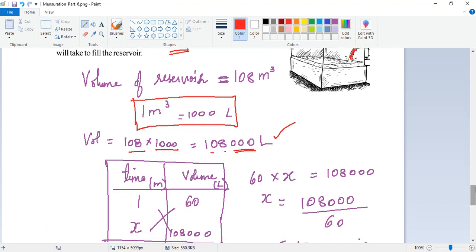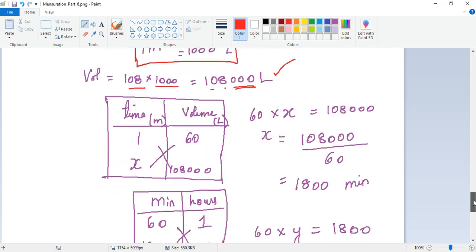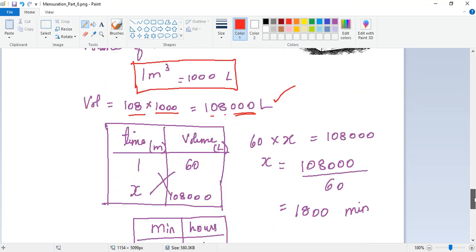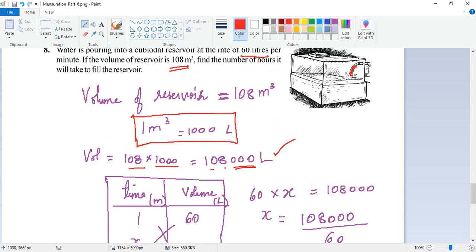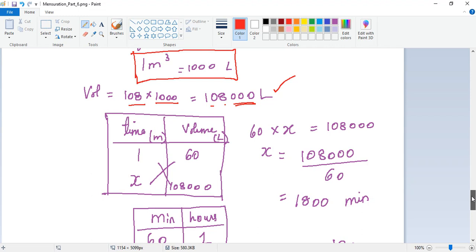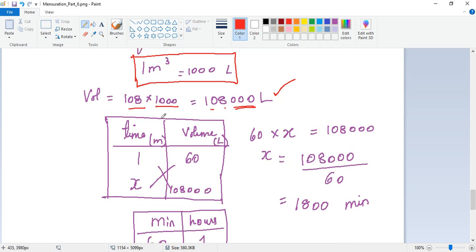That's the capacity. Alright, now we have to find how much time the pipe is going to take to fill the reservoir. So now we have to set up a table format. This is the best method to do any kind of problem because it's really easy. They are talking about time and volume, isn't it?